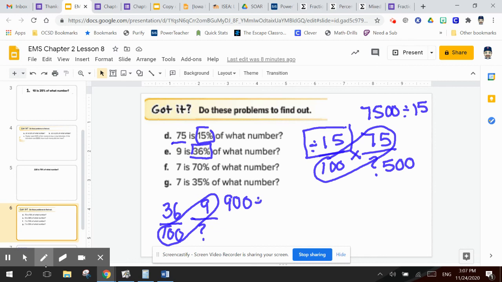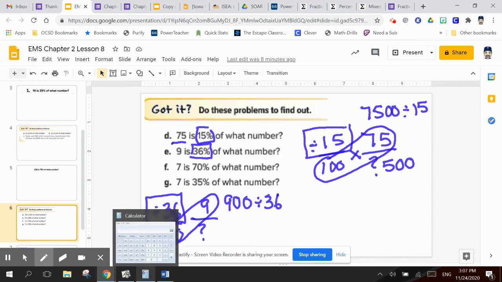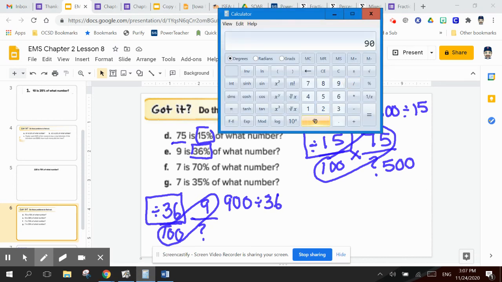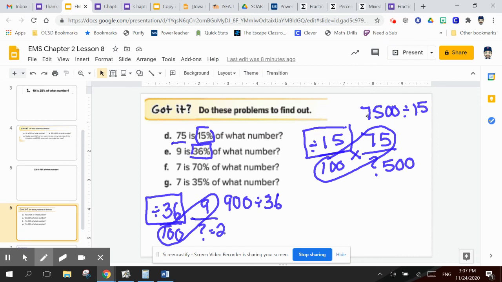I divide that by the only number that I have left, which is 36. And if I go to my calculator, I take 900 divided by 36, which would be 25.